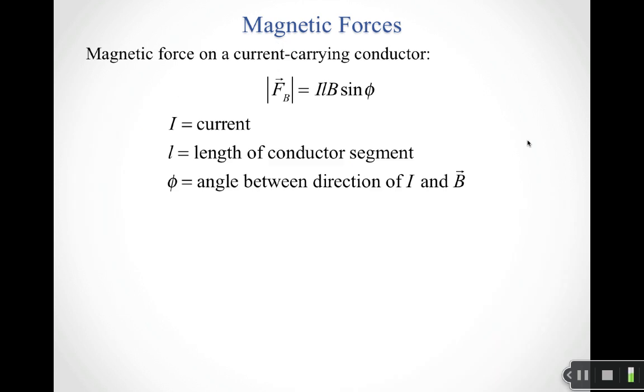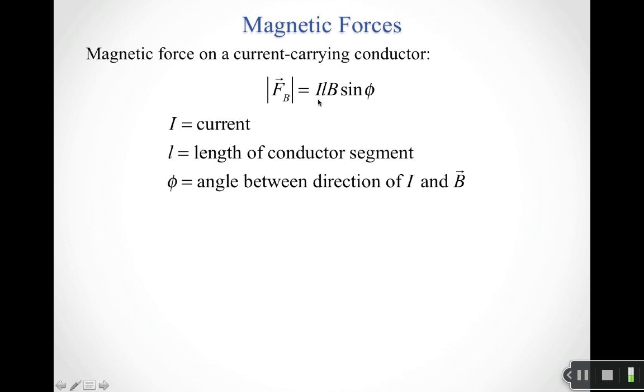Well, we said that really what's going on in a magnetic force interaction is the interaction between two currents. And so instead of talking about the magnetic force felt by a single moving charge, we can talk about the magnetic force felt by a current-carrying conductor. So if I take some conductor that's carrying current, so a wire, and put it into a magnetic field, I can calculate the force felt on the wire by that magnetic field, and it's given by this expression.